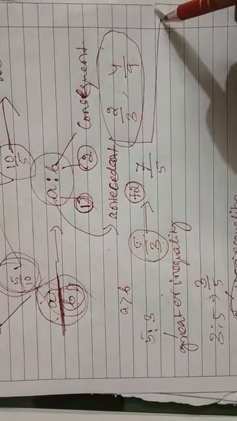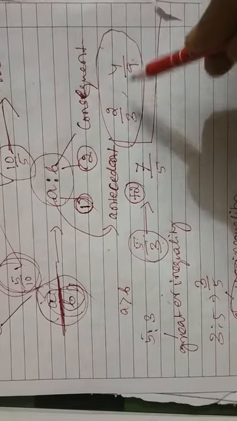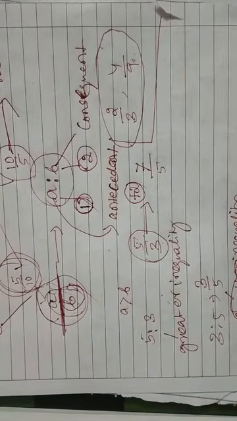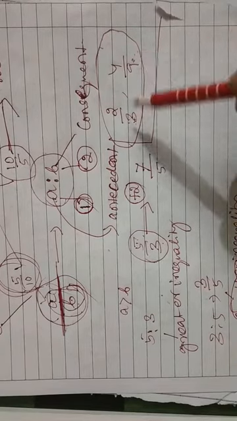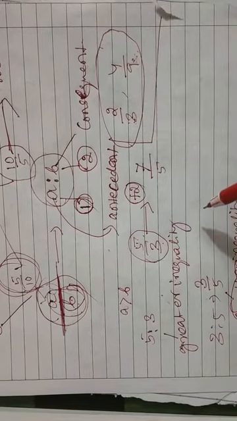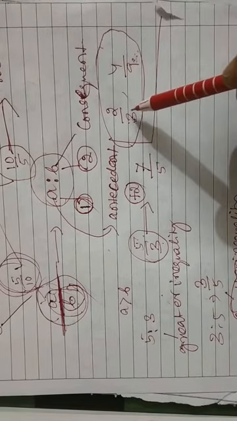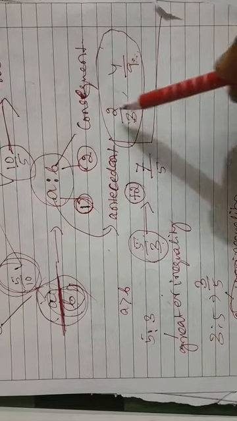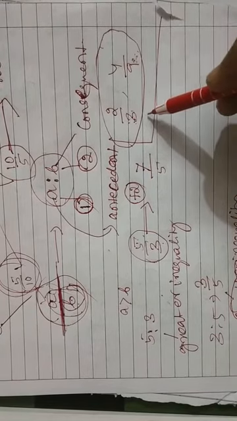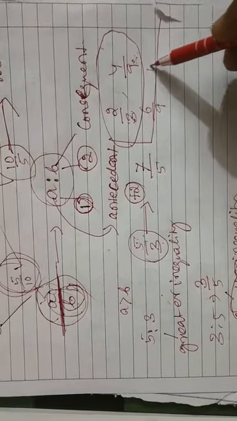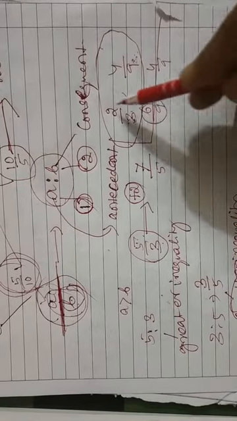One method is to make equal denominators, by making equivalent fractions. I will have to multiply 3 in the numerator and denominator. I got 6/9 and here 4/9, obviously this one is greater.